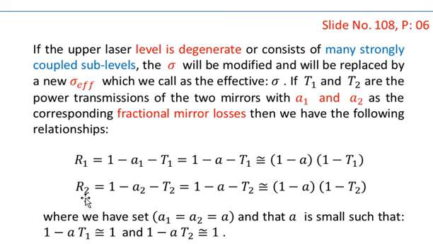Similarly, R2 is equal to 1 minus A2 minus T2, where A2 can be represented by A, and we have 1 minus A minus T2, which can also be written as the product of two parentheses, containing 1 minus A and 1 minus T2.